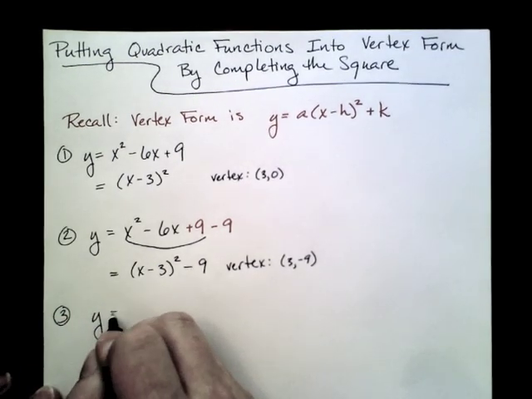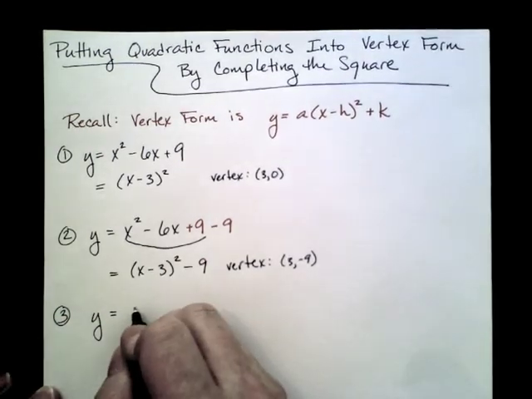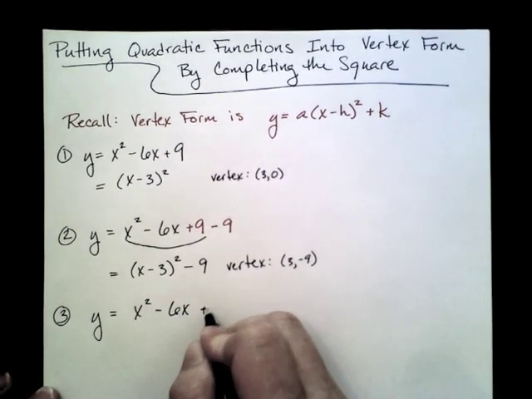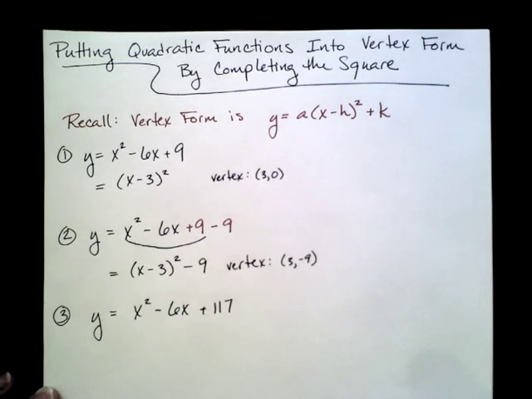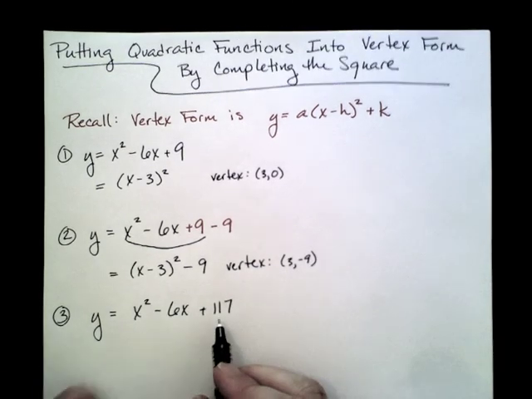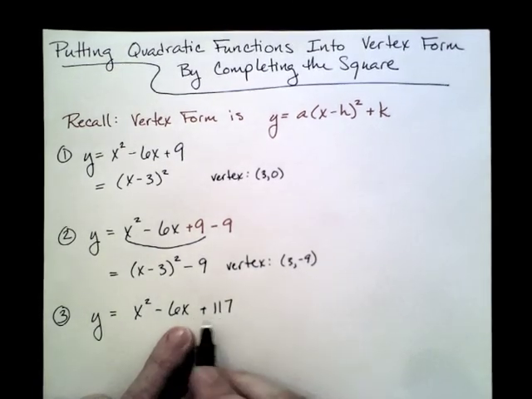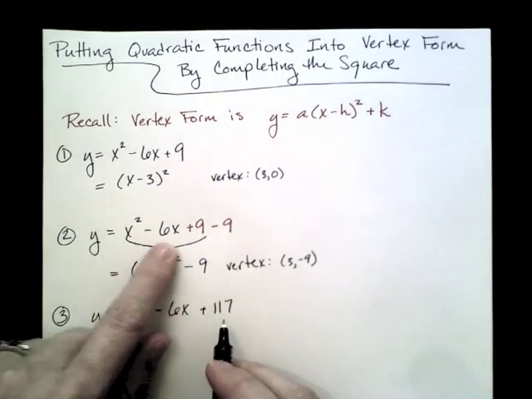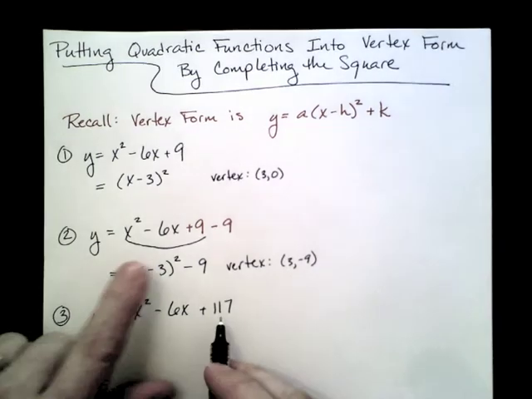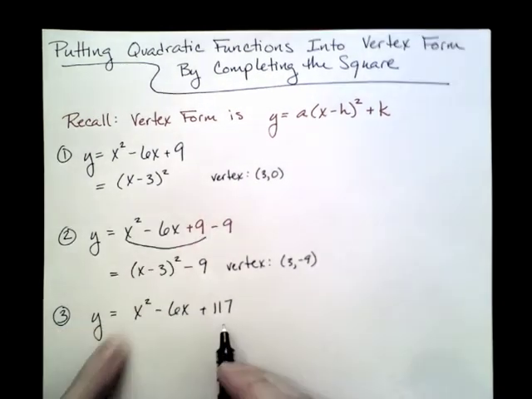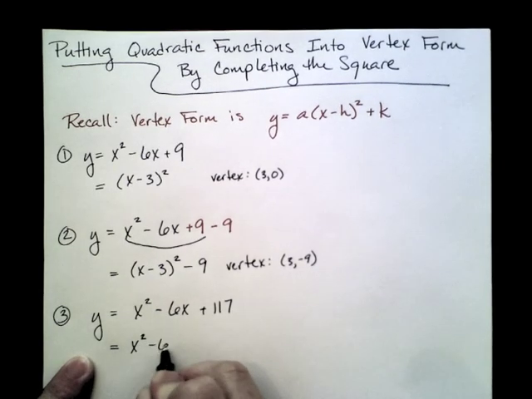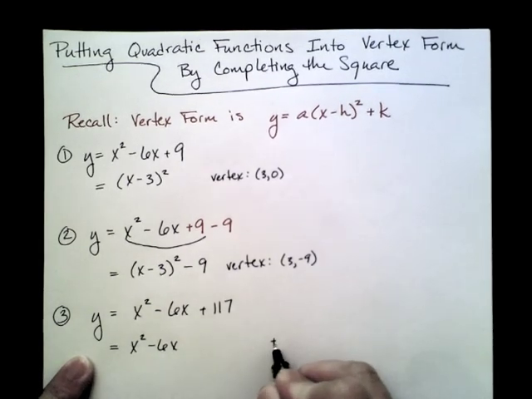Next, we'll do one more related one. I'll have x squared minus 6x plus 117. So now, there are a couple of different ways I can approach this, but I really want to think about it as similar to number 2. I've just got this 117, so for my first step, I'm going to shove that out of the way.